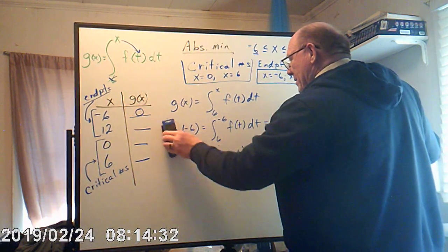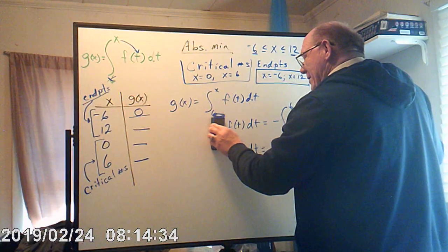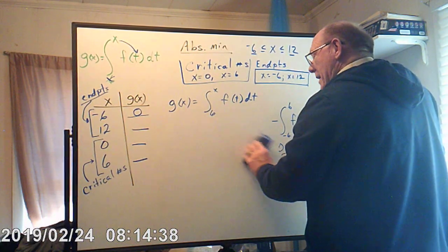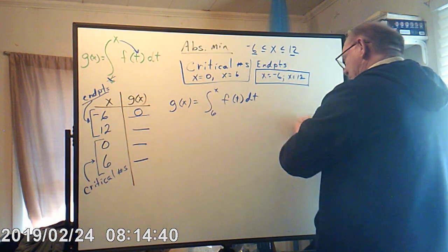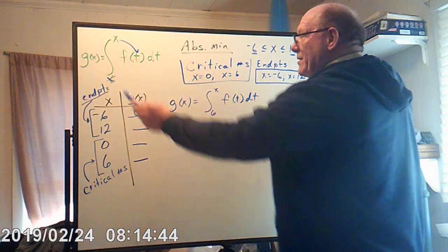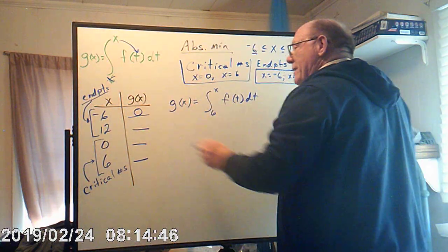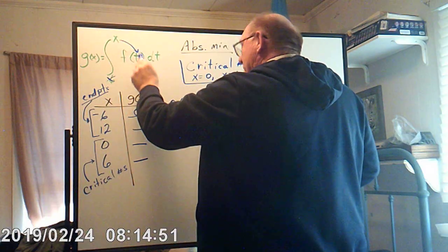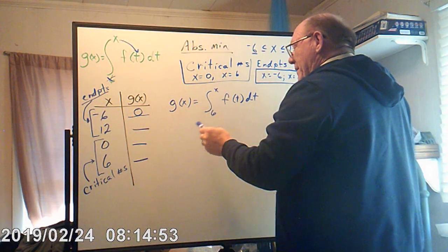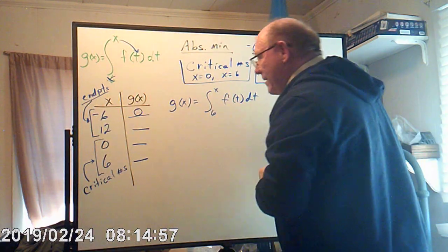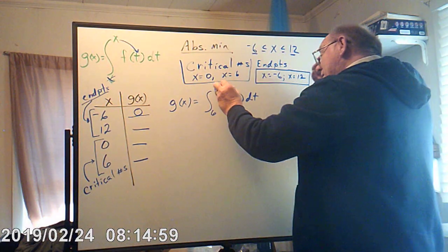Alright, because now we're doing x being 12. Now always remember, you go back to the original. See, this is g right here, so you have to plug this into here, and then you got to find it. Not here, but here, okay?